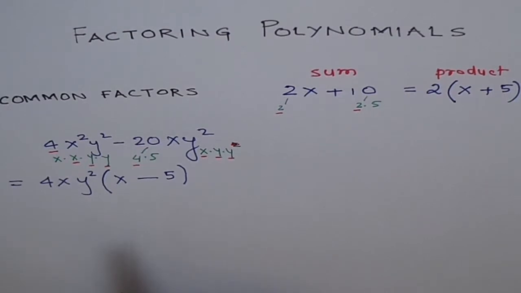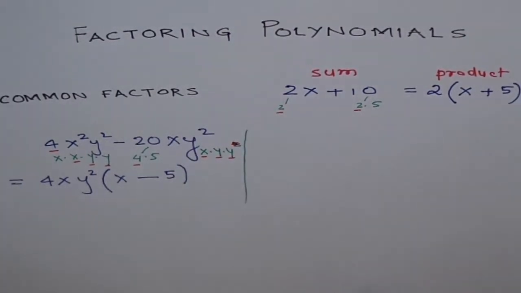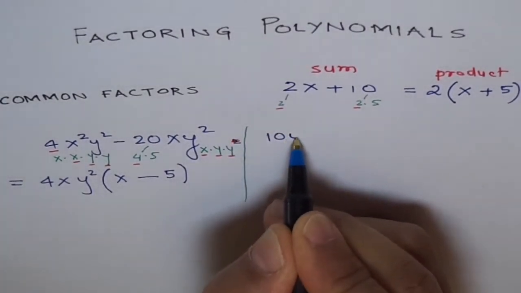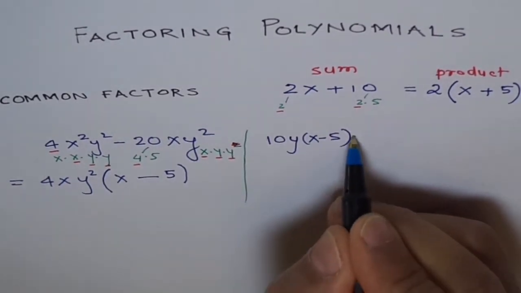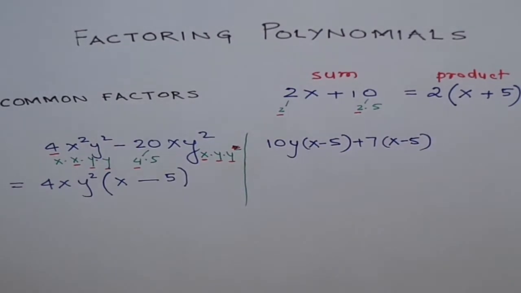Remember that, okay? Let me take one more example, which is kind of slightly different but similar, okay? Let's say we have terms like this time. 10y times x minus 5 plus 7 times x minus 5.